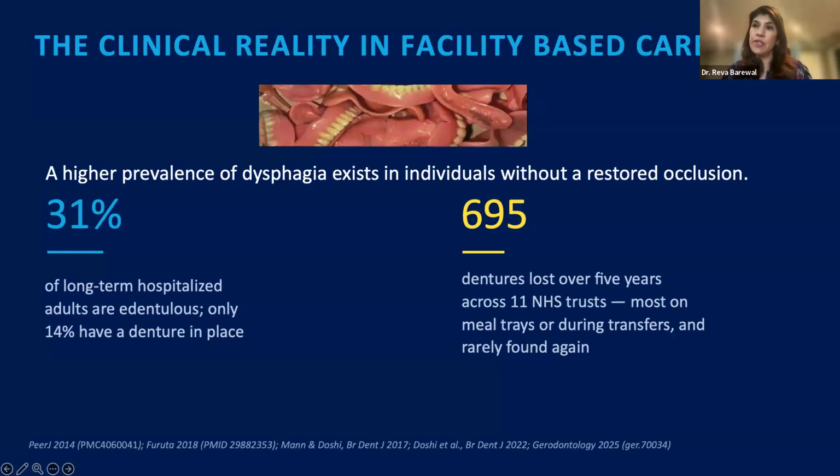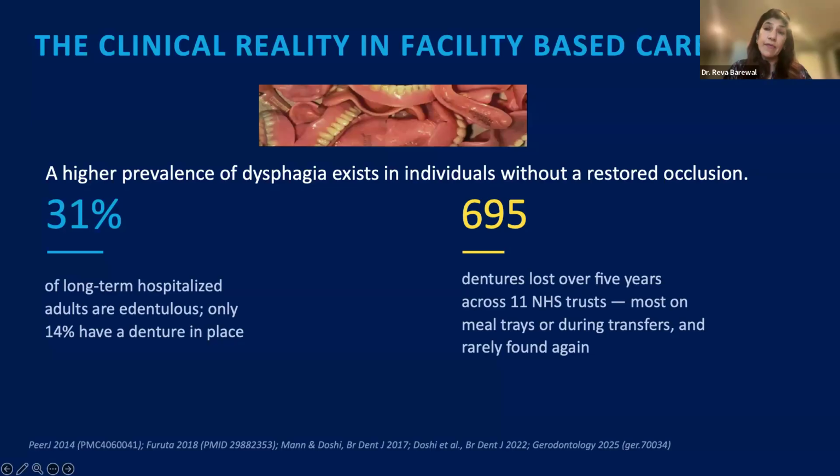I ask that question because I know a lot of you face patients that are edentulous. They forget their dentures if they are edentulous, or they're partially dentate, or they have partial dentures, or implants. I know you see them all. So that's the question: there is a high prevalence of edentulous patients in long-term hospitalized adults.